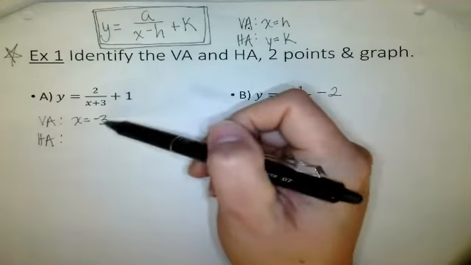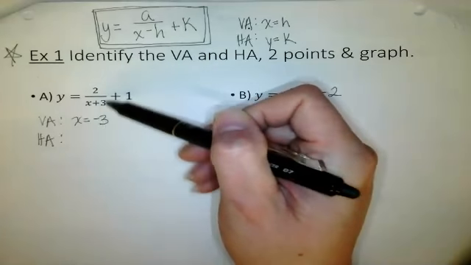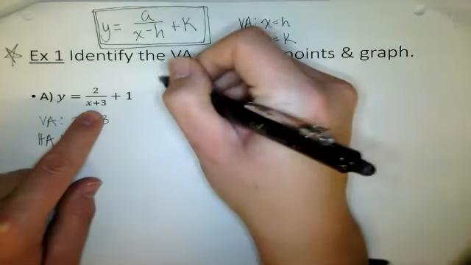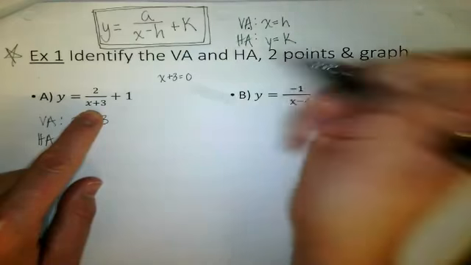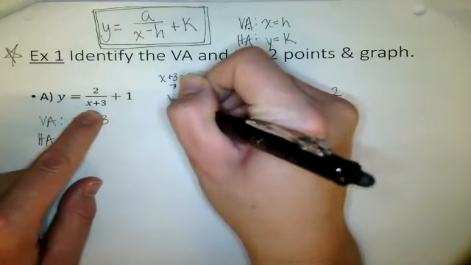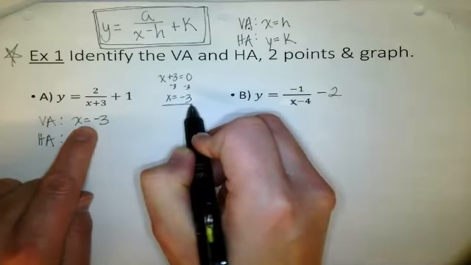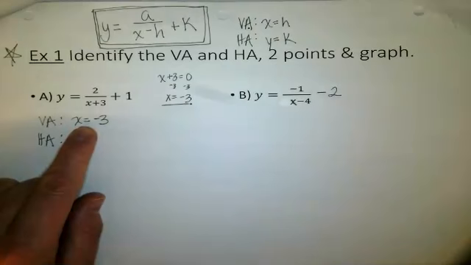What do we have to do to that value? Change the sign, right? Yeah, because we're actually solving the equation x plus 3 equals 0. For solving the equation, we would subtract 3 and get x equals -3. So that's where that vertical asymptote comes from, actually solving the equation. It's just that we can do it really easily in our head.